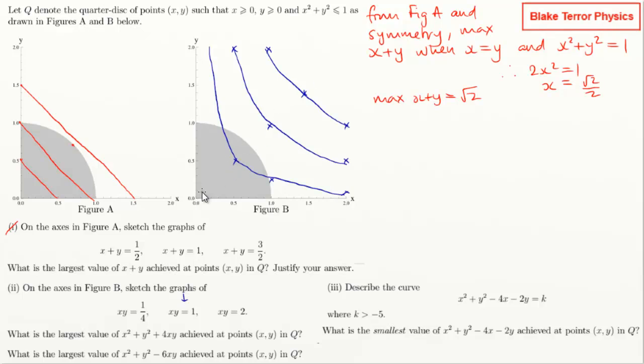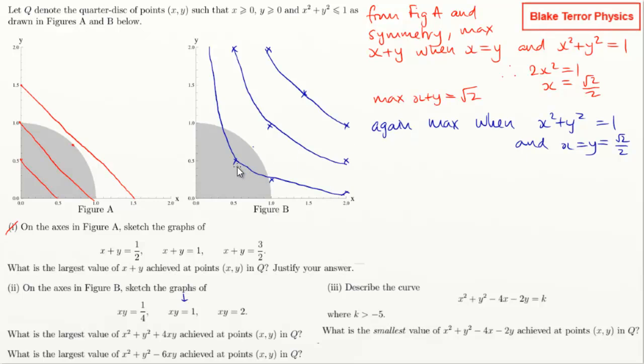We're going to get a largest value again when x is equal to y. So again, we get a maximum when x squared plus y squared is equal to 1 and x is equal to y. It's going to hit the edge in exactly the same place as before, when x and y are root 2 over 2.